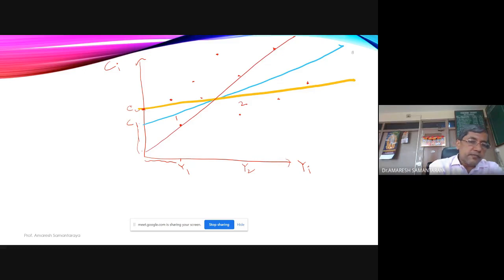So you have one set of beta 0 and beta 1, let me say beta 0 yellow and beta 1 yellow for the yellow line. You have another set, beta 0 blue and beta 1 blue. A third one, beta 0 red, beta 1 red.